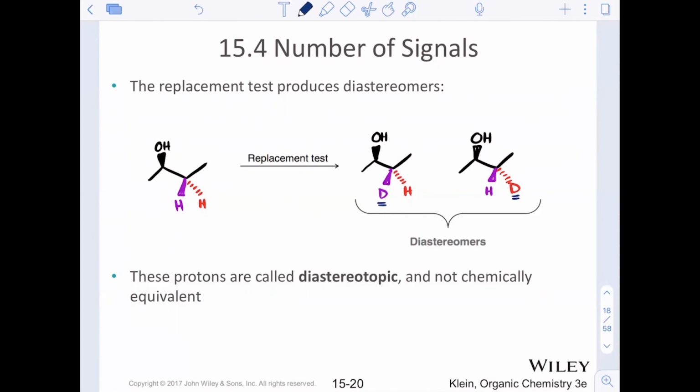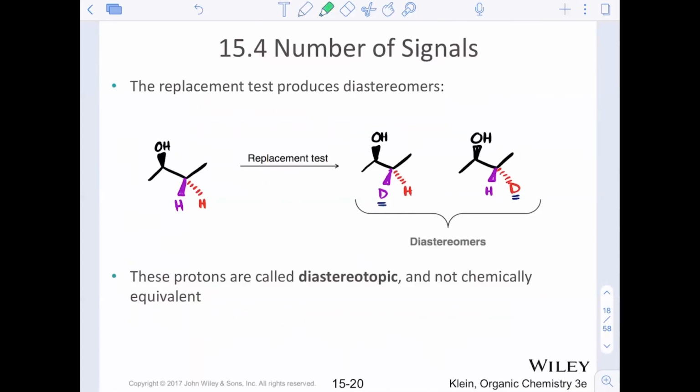What was a diastereomer? A diastereomer is two compounds where one chiral center stays the same and the other switches. We are creating a chiral center by doing the replacement test, right? This is just a theoretical type of consideration.